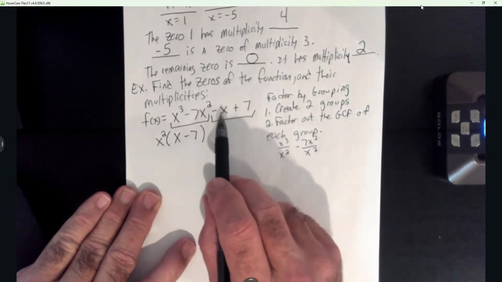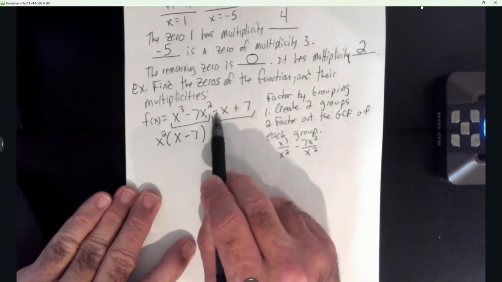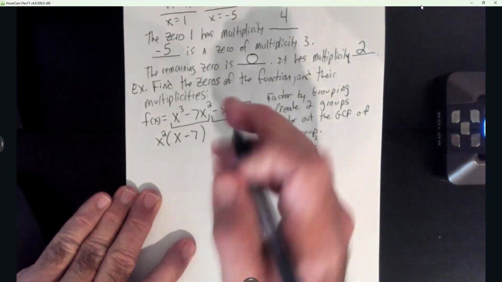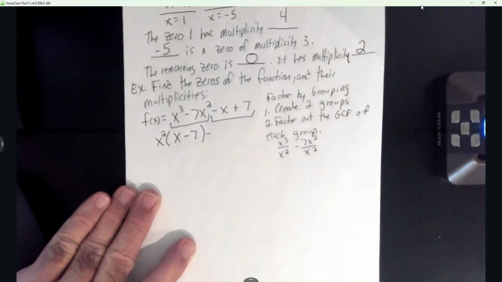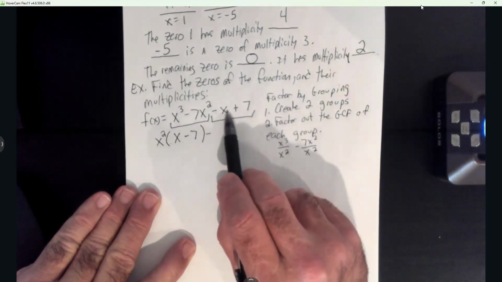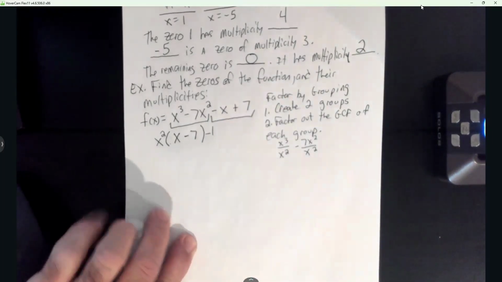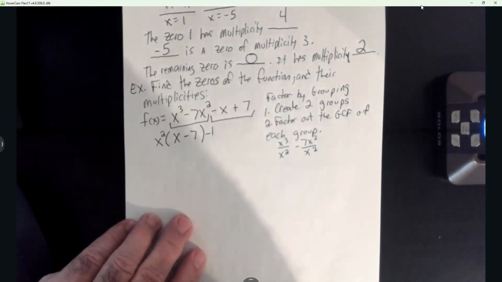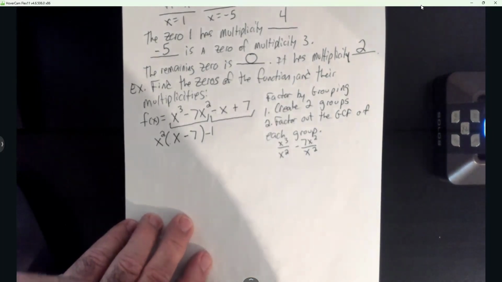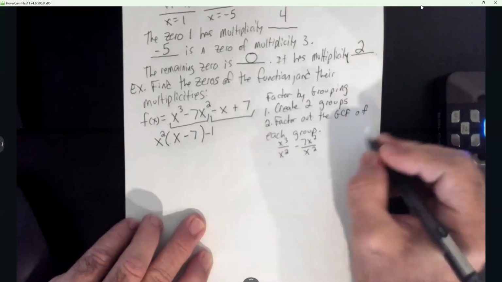Now, the second GCF will have the same sign as the third term, so it's going to be negative. And then the only thing common between an x and a 7 would be a 1. So the second GCF is a negative 1. So y'all listen here.